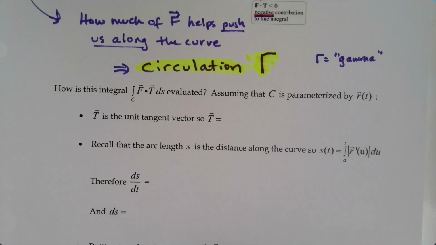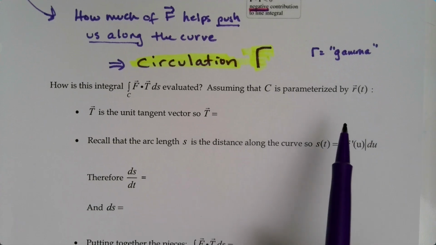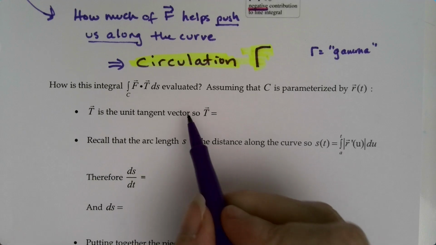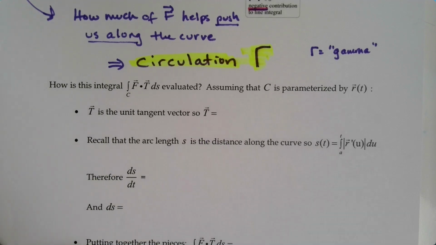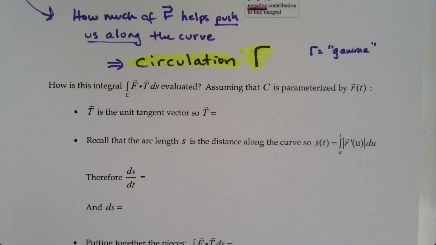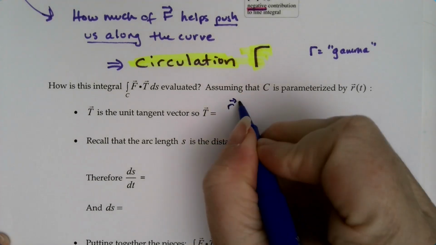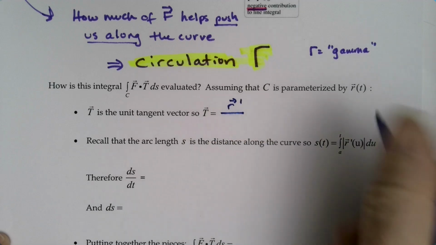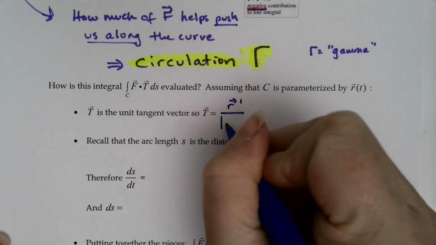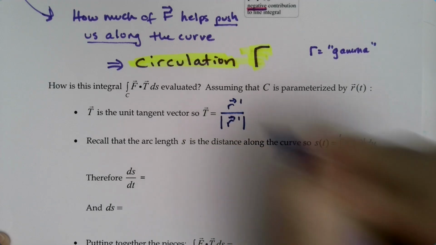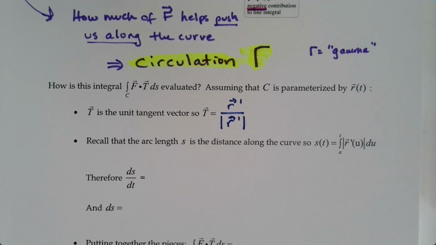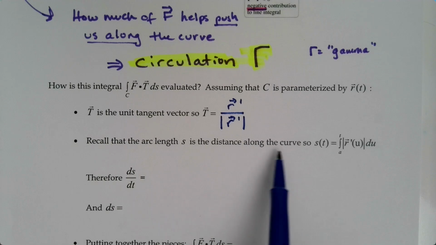All right, now how are we going to evaluate this integral? So what do we do? So assuming that that curve is parameterized, right, that we can do so, then we already know that T, we found that a while ago, that is the derivative of your position function divided by the magnitude of that derivative. Arc length s is the distance along the curve.